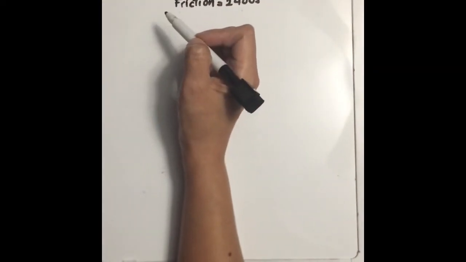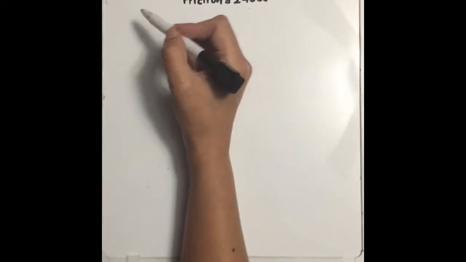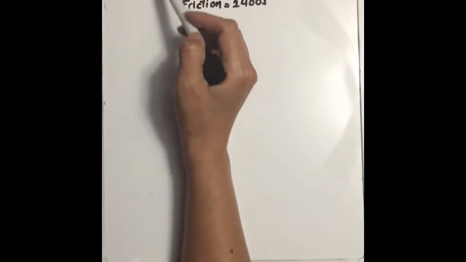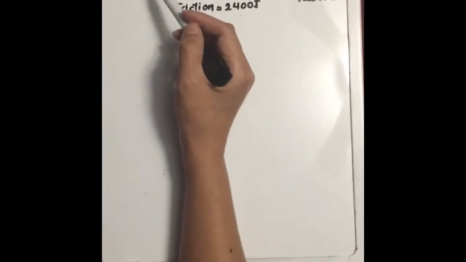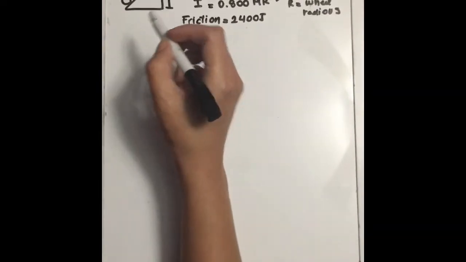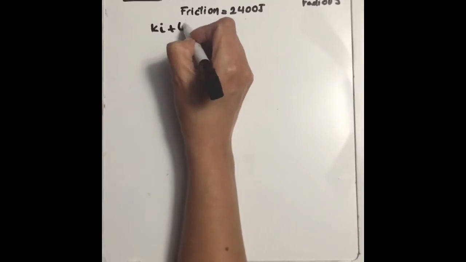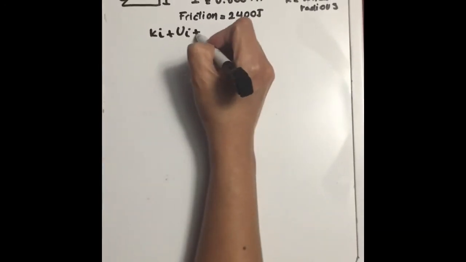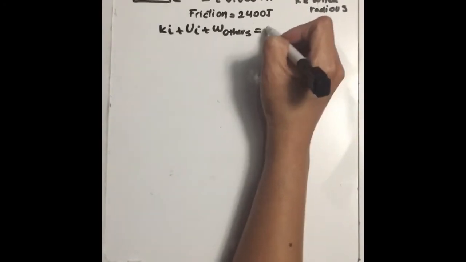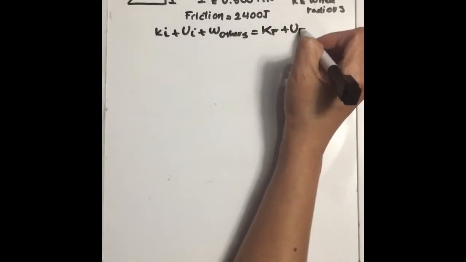For this problem, we know the wheel initially has rotational and translational kinetic energy, then stops here at the height of h. For knowing that, we can use the energy conservation law, which is the following: kinetic energy initial plus potential energy initial plus work of others equals kinetic energy final plus potential energy final.